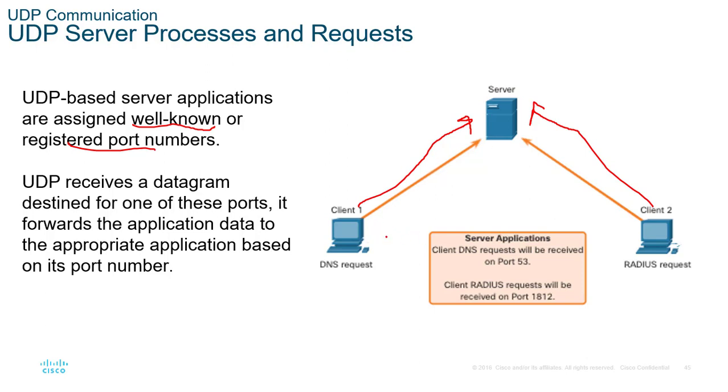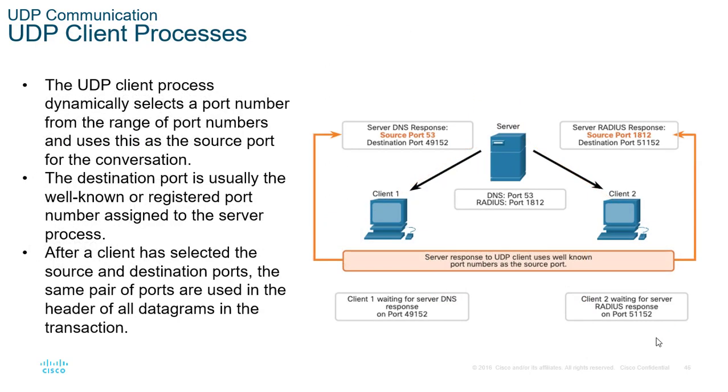As the initial conversation goes, the client's going to utilize these well-defined port numbers, either well-known ports up through 1023 or those registered port numbers through the Internet Assigned Numbers Authority, up through 49,000, and the server then knows what application or service to hand those segments to, or those packets.